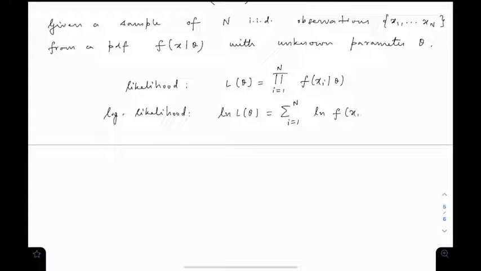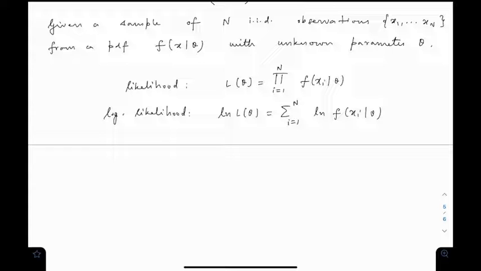So to find the maximum of L, since log L and L have their maximum at the same location, we differentiate the log likelihood with respect to the parameter and set the derivative equal to 0. The value theta hat that satisfies the equation obtained in this way is the maximum likelihood estimate of theta.